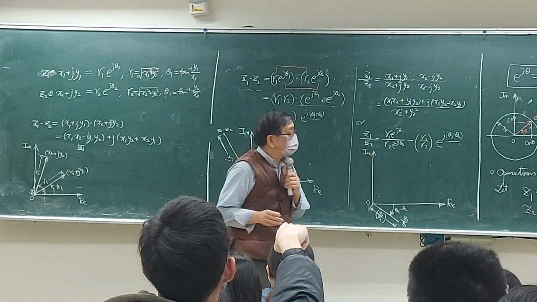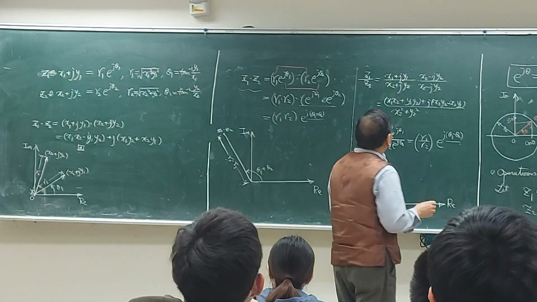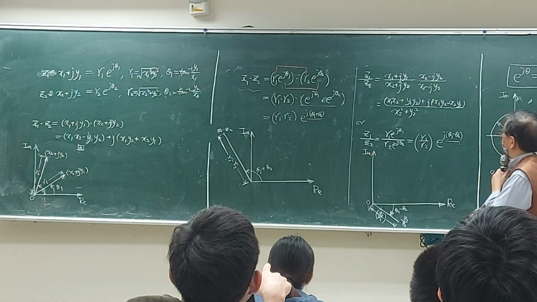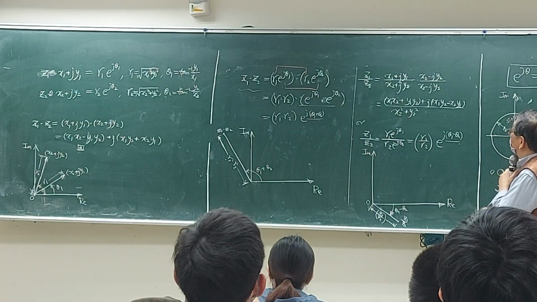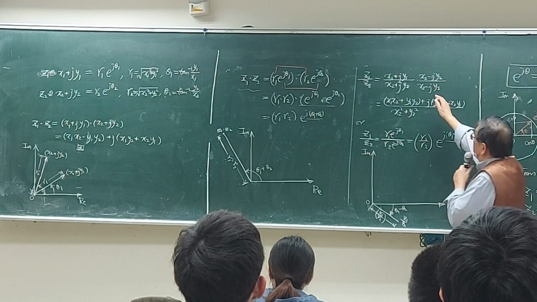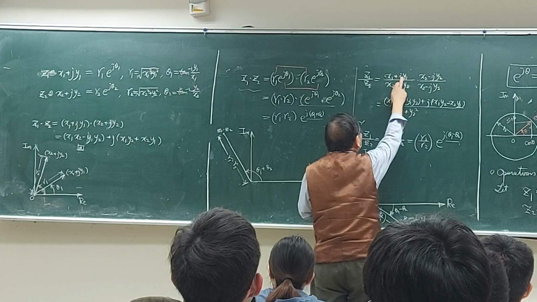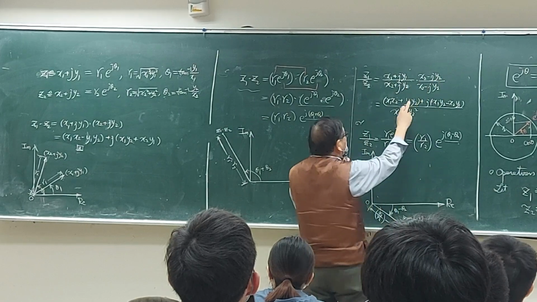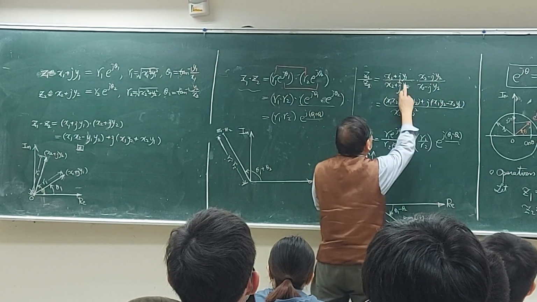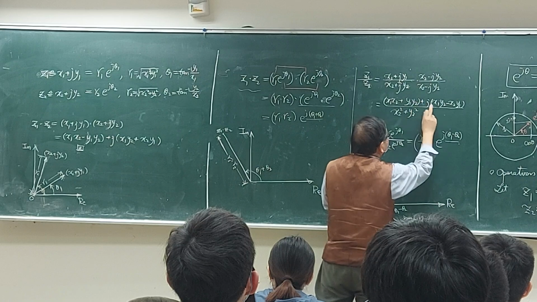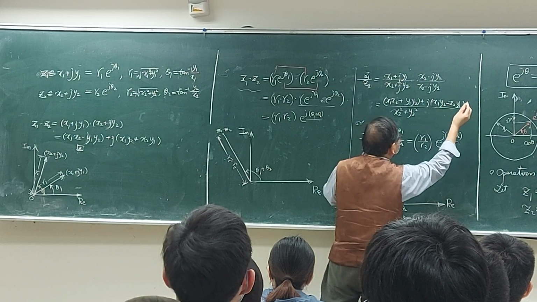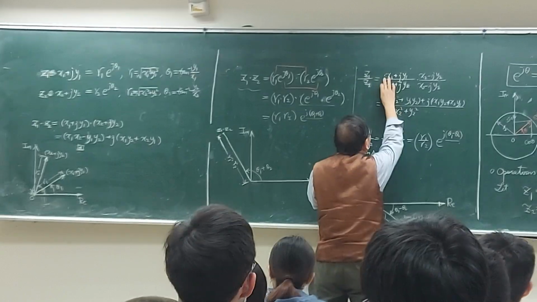Yes. The second line is j times y1 times x2... Oh, let me check. Should be plus, and negative.